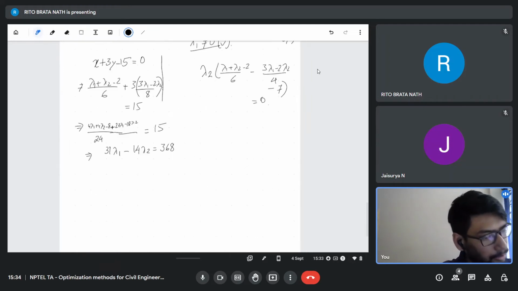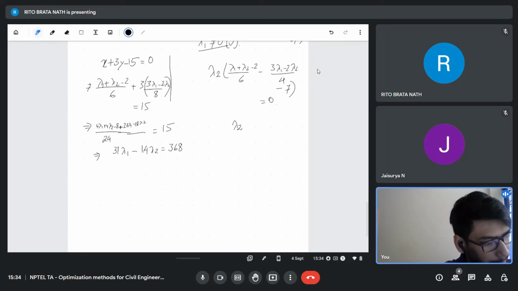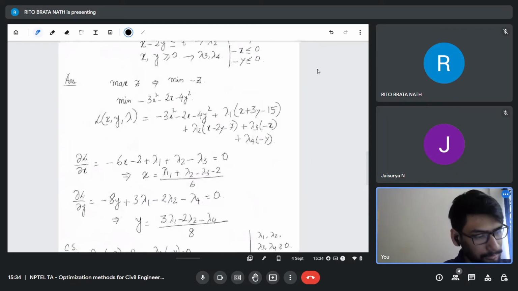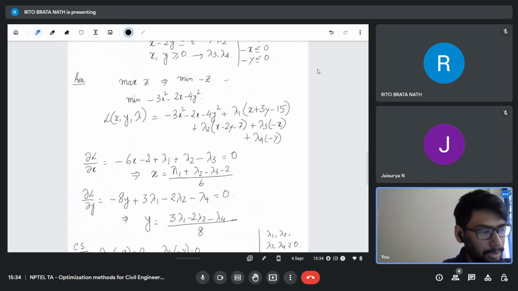Now, if you assume from this portion lambda 2 to be 0, then what will happen? You will get a lambda 1 value from here, and you can plug those back in here and here and get an x and y value. And you can get the original function value from there. So that's one possible solution.